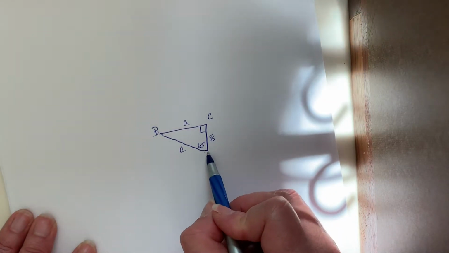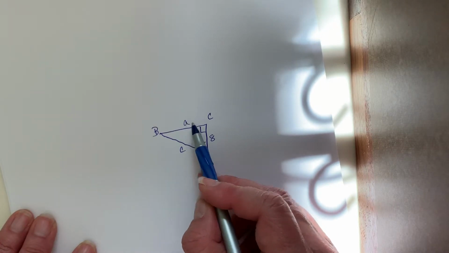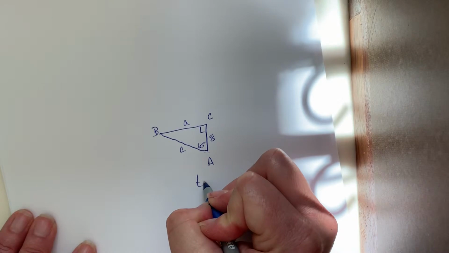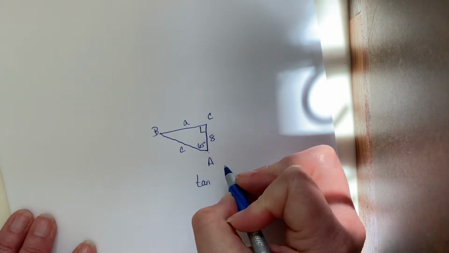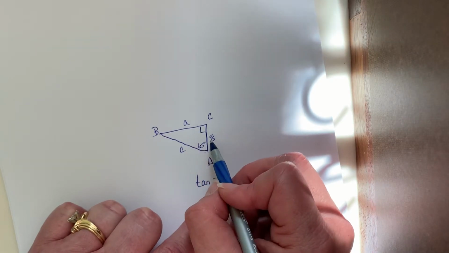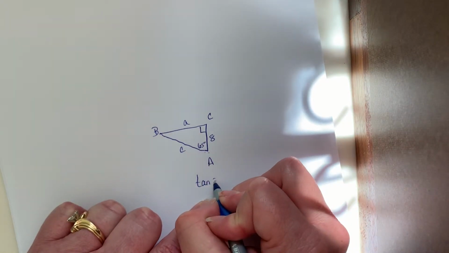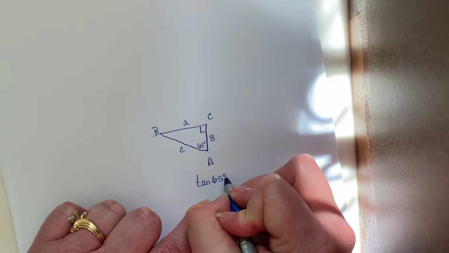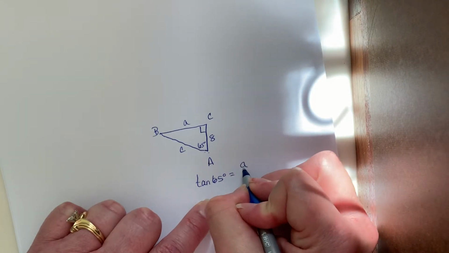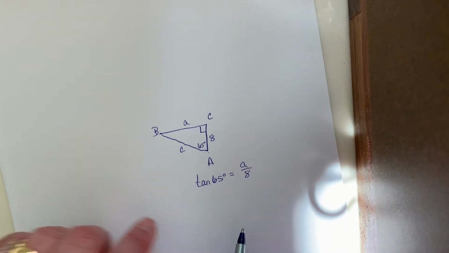All right, so for number 21, we're doing opposite over adjacent. And so that's tangent. So tangent of 65 degrees equals A over 8.